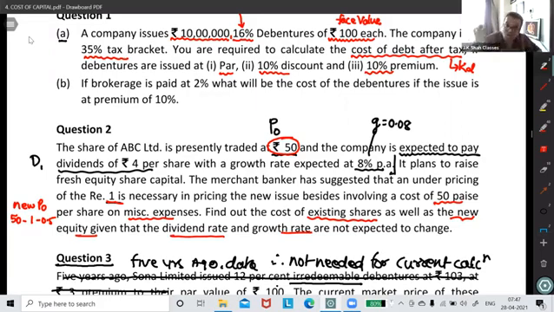Means even if you go for new, dividend will be the same. D1 would be 4 only, and the growth rate G would be 8%. So how many times you have to calculate K? 2 times. One for the existing one, second time for the new one. Hope everybody understood this. So let's do that.